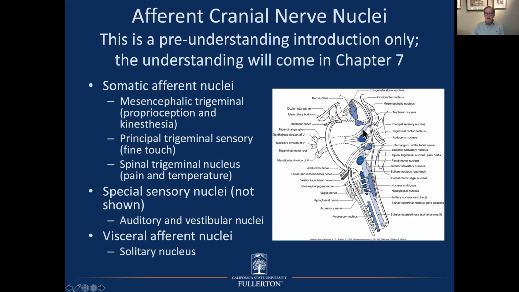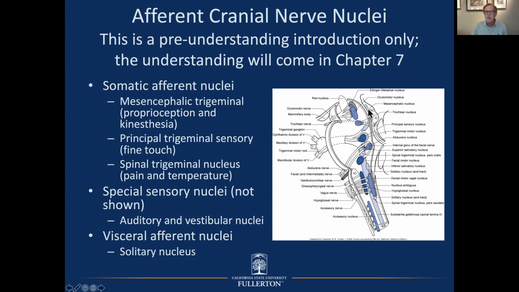This part, I'll give them a name in a moment, goes all the way up into the midbrain. This part is in the pons, and this part goes all the way through the medulla, and then it links up with a similarly functioning column of cells in the spinal cord. Right now, we're just going to give them names and functions.